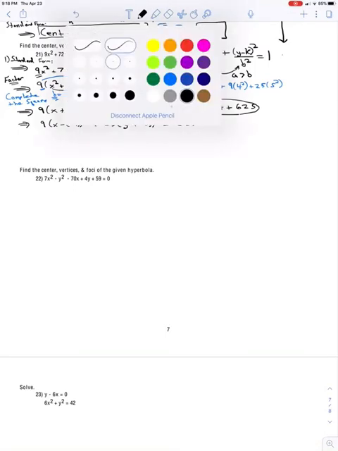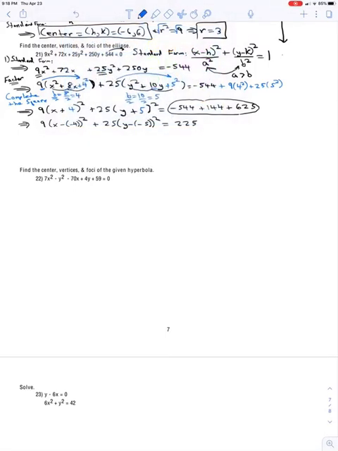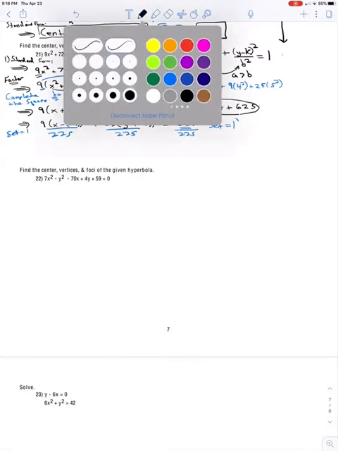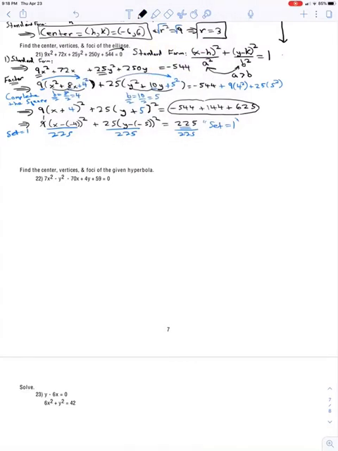So our last step, in order to get standard form, we must set it equal to 1. So we got to divide out that coefficient. So set it equal to 1 is our next step. And then reduce. Can you reduce these coefficients? Yes. 9 goes into 225 exactly 25 times. 9 times 25 is 225. 25 goes in 225 9 times.